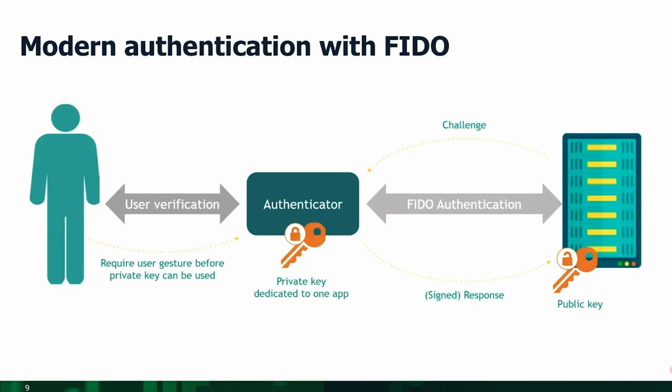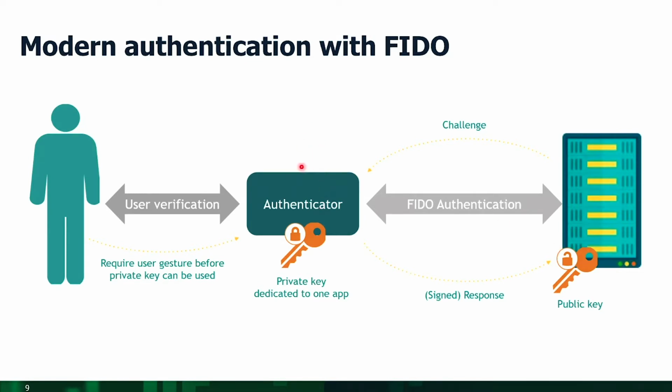What happens here is that the user starts off, instead of entering a password, by authenticating themselves with the Authenticator. So it's a matter of the user proving themselves, either presence or uniquely that it's them, to the Authenticator. Then the Authenticator, using public and private keys, does the authentication based on a challenge-response protocol with the FIDO server.